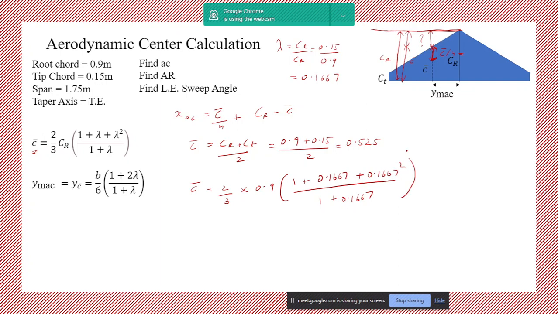Can you calculate this and tell me? 0.667 plus 1 divided by 0.667 into 0.9 into 2 divided by 3. Can you just calculate and tell me? It's coming to 0.6, right? Something around 0.6. Why is that different from CR plus CT by 2?